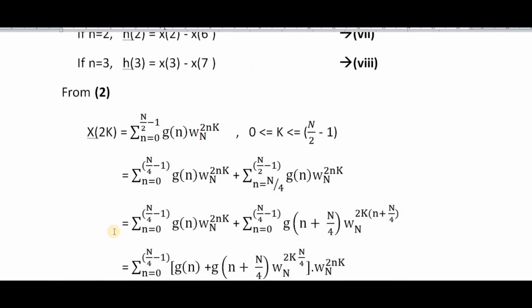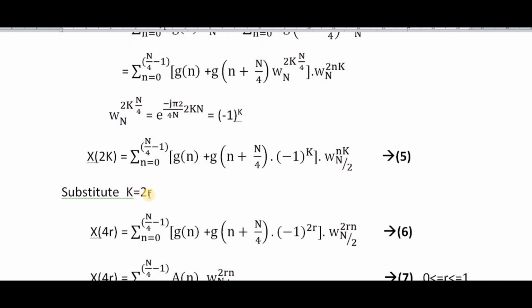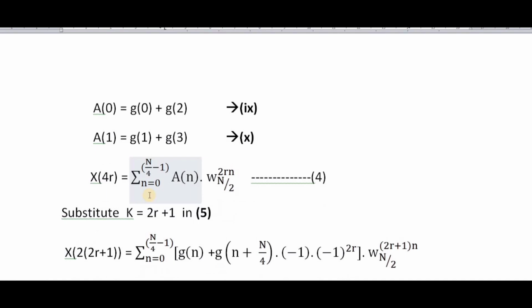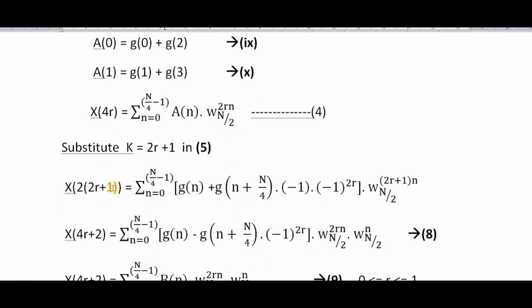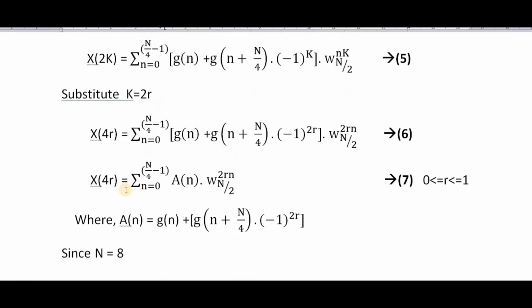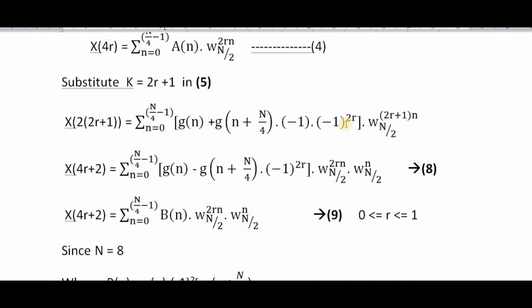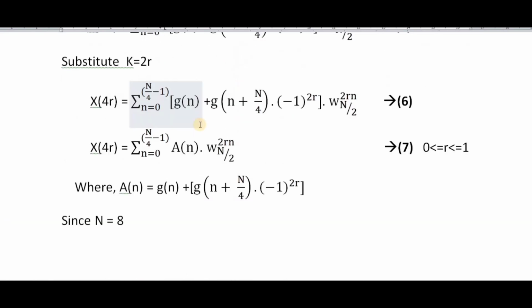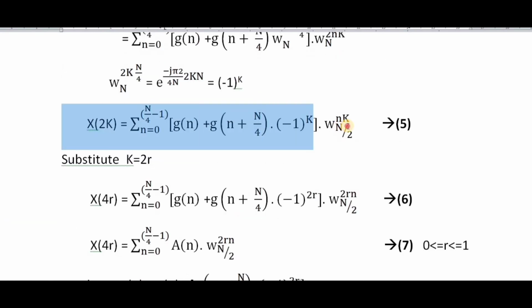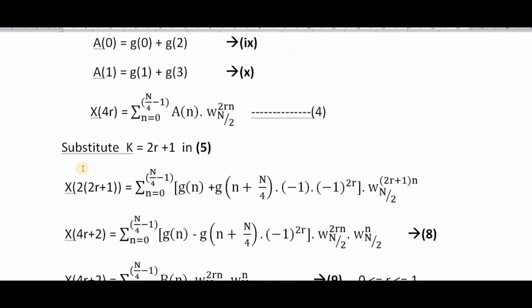First I substituted k is equal to 2r, so here I'm going to substitute 2r plus 1, from equation 5. So if I substitute, instead of r, I'm going to substitute 2r plus 1. Let me take the fifth equation and paste it here. This is my fifth equation.